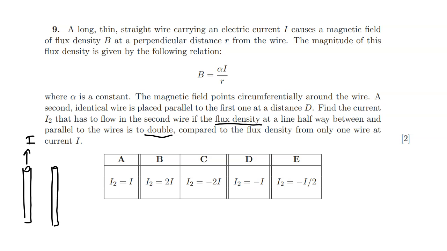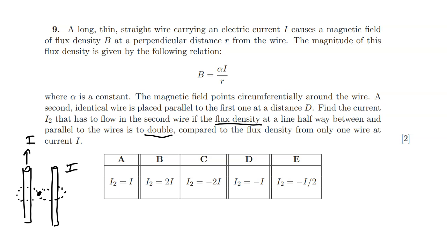We know that we've got a B field around the circumference of each wire, because that's how B fields work. And what we want to find is the value for I2, the current in this second wire, for which the B field halfway between the two wires doubles.